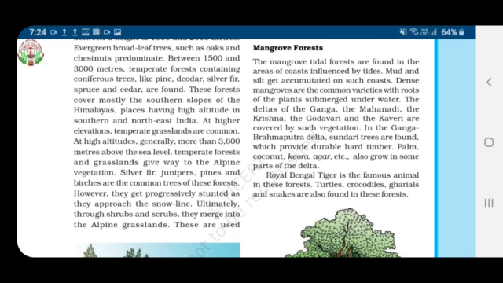Stunted here means the growth of the trees becomes very slow. Then about snow line. The snow line is a level above which snow lies all year. Finally, they merge into alpine grasslands through shrubs and scrubs.